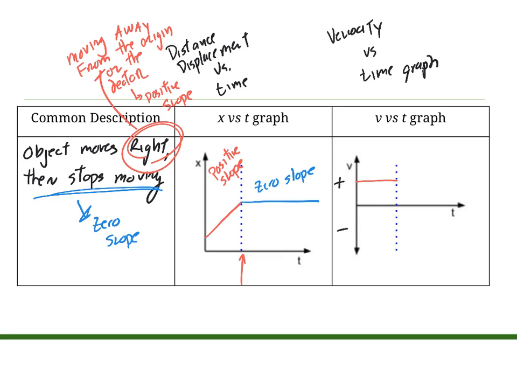Then I would have a 0 slope from this point forward. So, or not slope, sorry, velocity. So I'd have a positive velocity until the object stops moving, and then I would have 0 velocity when the object stops moving. So this is a combination of two different types of motion. It's not too bad, but I think that we can handle it.